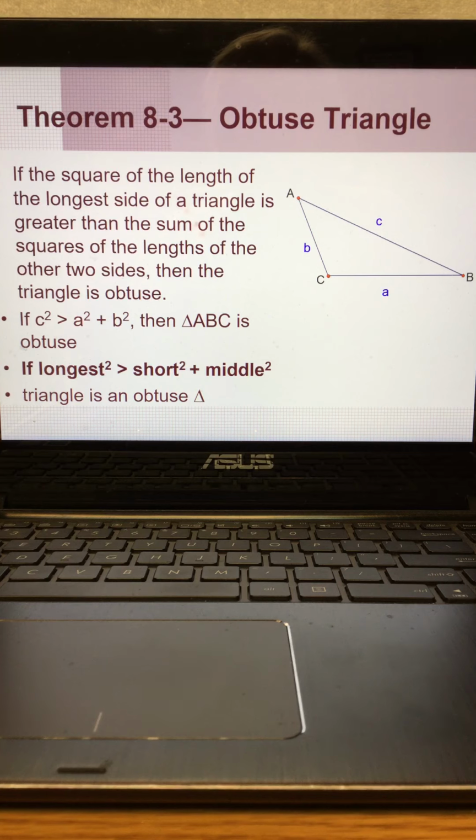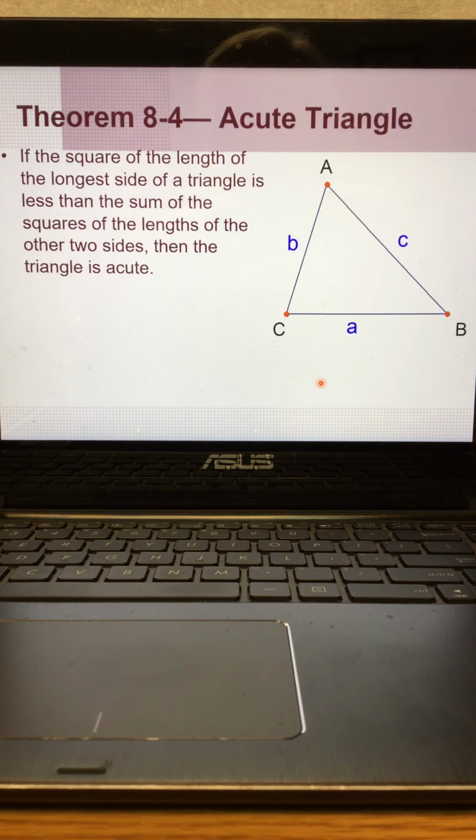Now you can just imagine what theorem 8.4, the acute triangle theorem, would look like. It's going to start out with the very same hypothesis. If the square of the length of the longest side of a triangle is less than the sum of the squares of the lengths of the other 2 sides, then the triangle is acute. Here was the change in words. Is less than.